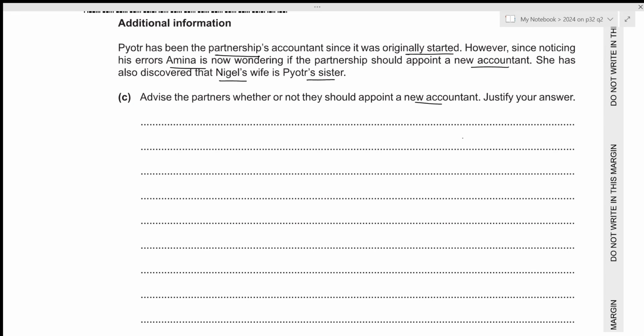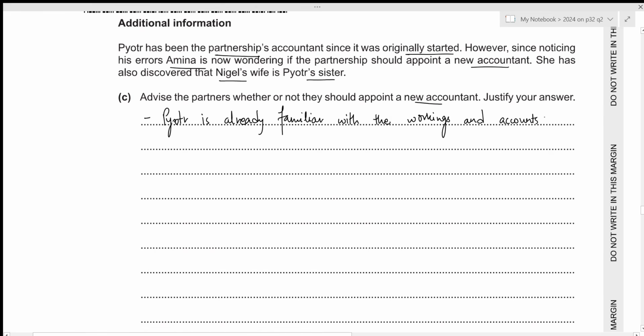The first thing is that the current accountant, Piotr, is already familiar with the workings and the accounts of the partnership. Let's write it down. Piotr is already familiar with the workings and accounts of the partnership.